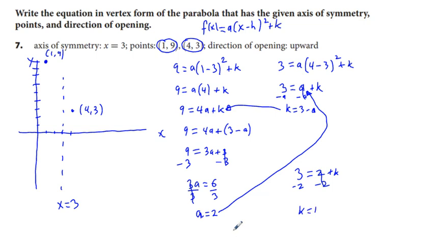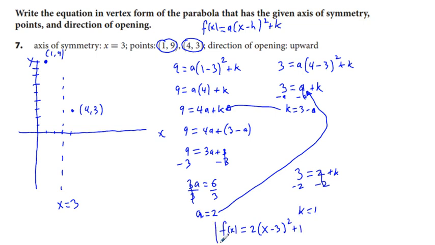So that means our equation is going to be f of x is equal to 2 times x minus h, which is minus 3, squared plus 1.